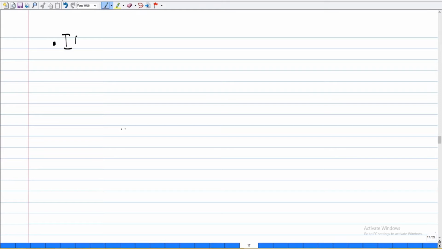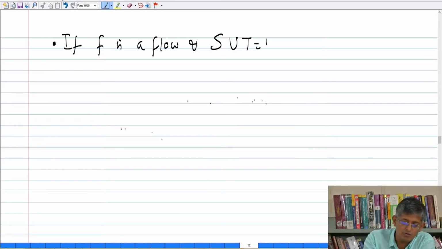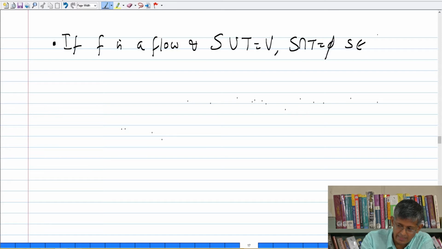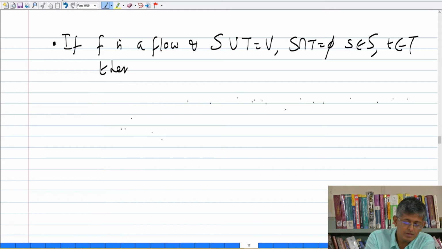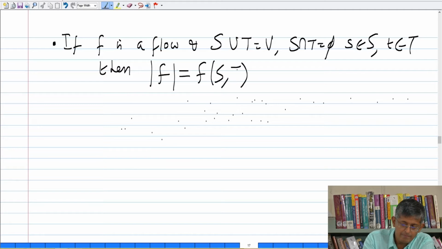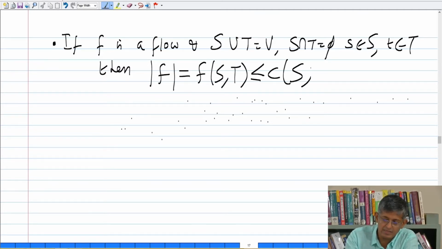If F is a flow and S union T is equal to V, S intersection T is empty, s belongs to S, t belongs to T, then the value of this flow is going to be equal to f(S, T). This is less than or equal to the capacity of this ST cut.